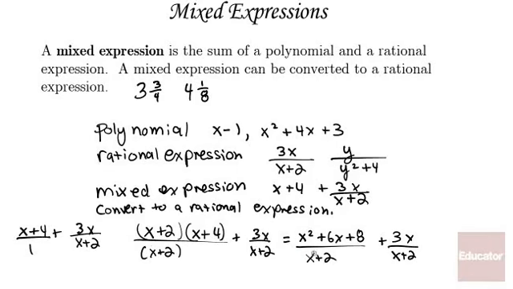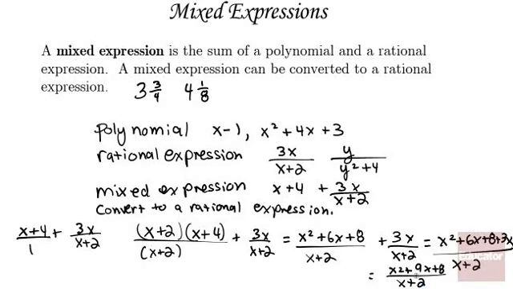And you recall that I can easily add these by adding the numerators. So this is going to give me x squared plus 6x plus 8 plus 3x all over a common denominator of x plus 2. This can be further simplified to give me x squared plus 6x and 3x would be 9x plus 8 all over x plus 2.